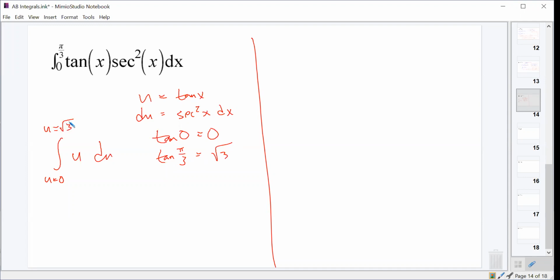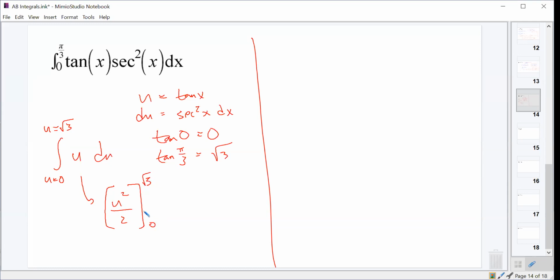All right, so now instead of integrating from 0 to pi over 3, we're going to integrate from 0 to root 3 of u. And the cool thing about definite integrals when you do u substitutions is, when I integrate this, I just get u squared over 2, right? Since I converted these from x values to u values, I don't have to convert back to x.